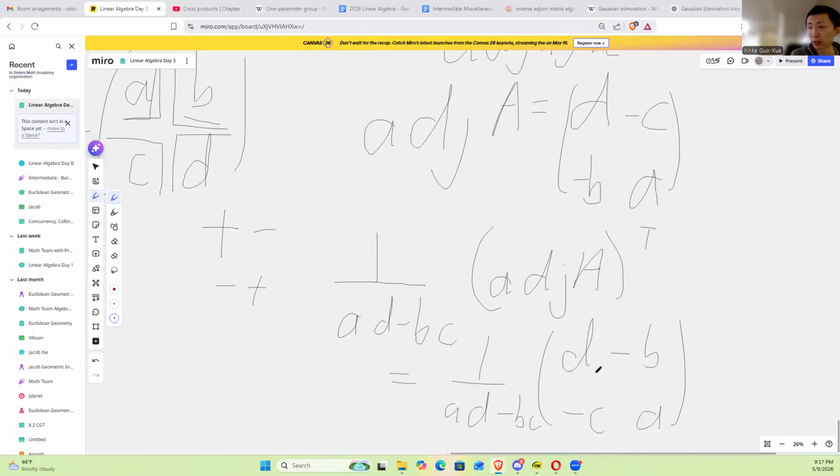So that's exactly what we said the 2 by 2 inverse was. The trick for 2 by 2, if you want to memorize it, is we switch A and D, and we keep B and C fixed, but we negate them. But really, from the cofactor expansion way, B and C actually swapped, but then we had to take the transpose, so it looks like they have stayed where they are.